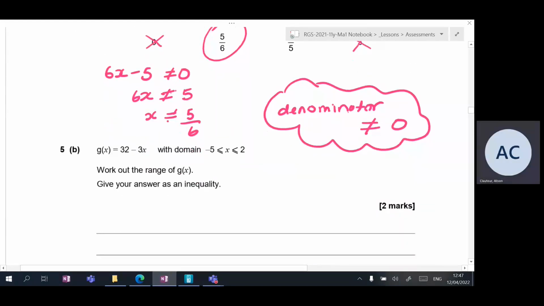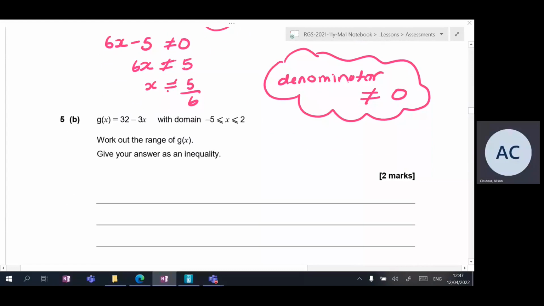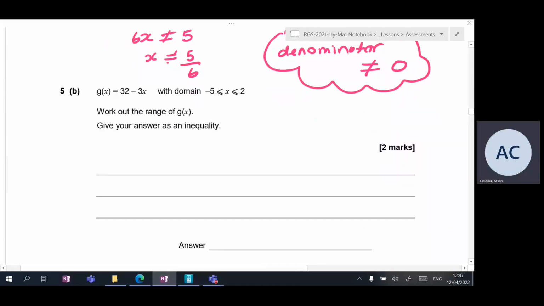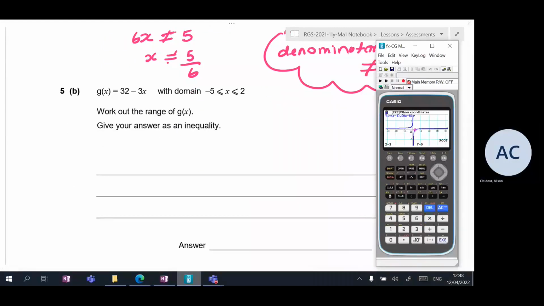So the next one, we've got gx is 32 minus 3x with domain minus 5 to 2. So we want to work out the range. This time we definitely are going to have to draw a graph. So 32 minus 3x. I'm going to zoom auto so it looks a bit better.